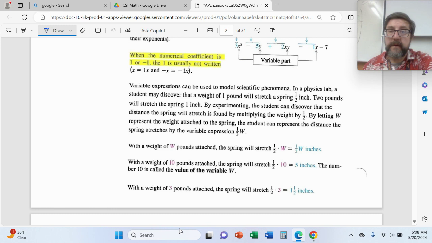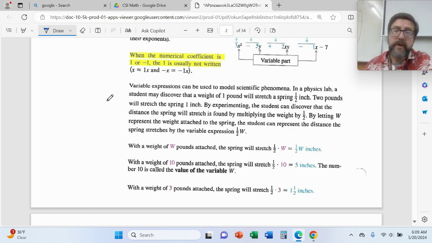By experimenting, the student can discover that the distance the spring will stretch is found by multiplying the weight by half. By letting W represent the weight attached to the spring, the student can represent the distance the spring stretches by the variable expression half times W.